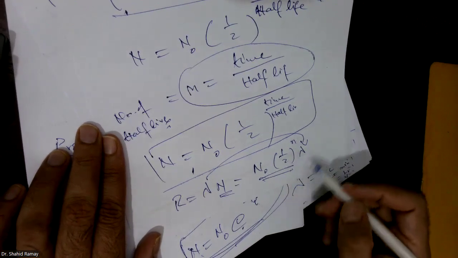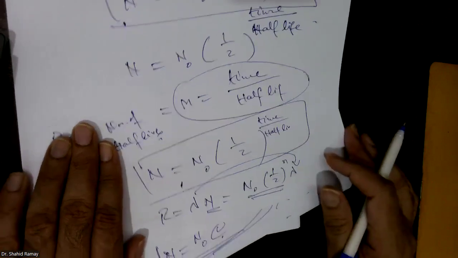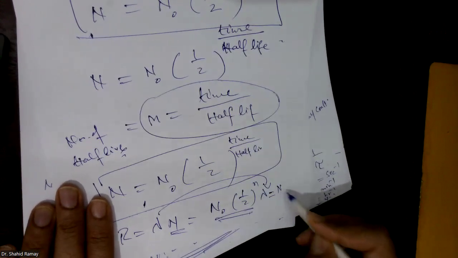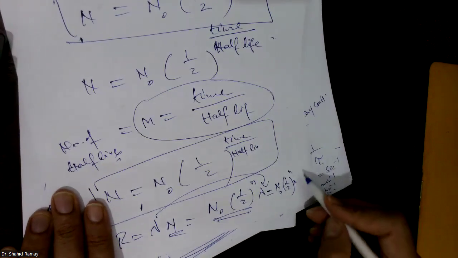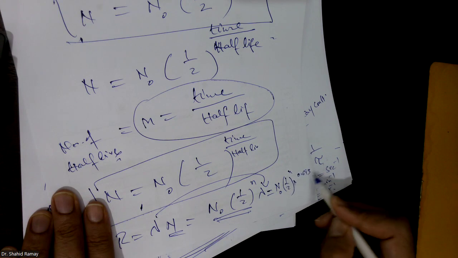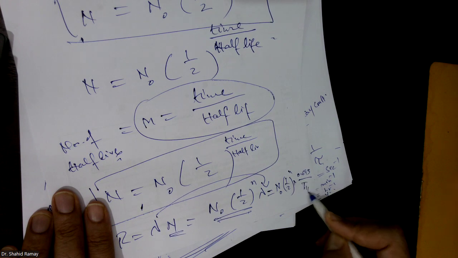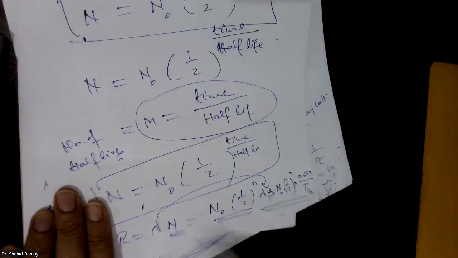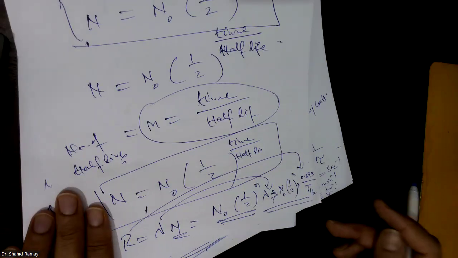I'm not deriving this formula, from where this formula comes, leave this one, just remember this one and use it to solve the problems. And similarly, here lambda you can write N naught into 1 over 2 raised to n into lambda. Lambda value is what? 0.693, log 2 is actually 0.693, divided by T half. So this is the complete formula to find this R value. R value means the activity. So you can also use this formula.